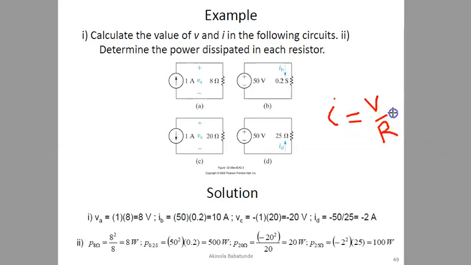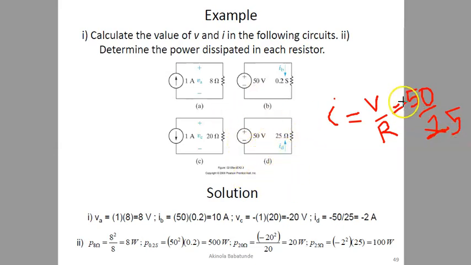So it will now be equal to minus 50 divided by 25. Again, the minus is because the current is flowing in the opposite direction to our polarity, our sign convention, which is supposed to be from positive to negative, but current is flowing against that.